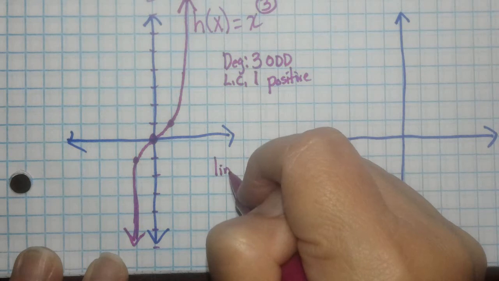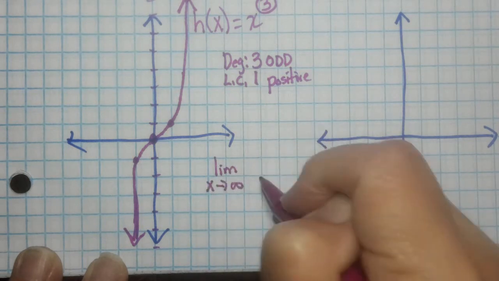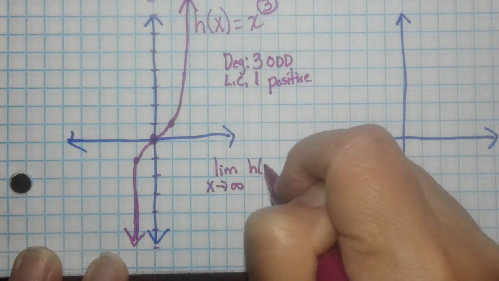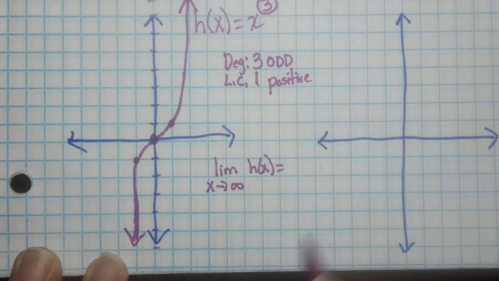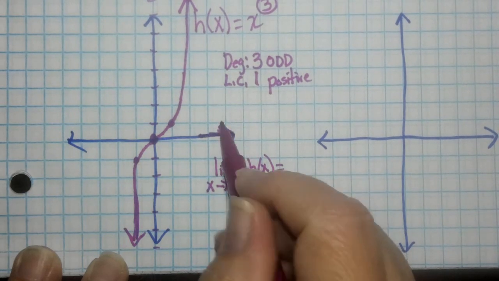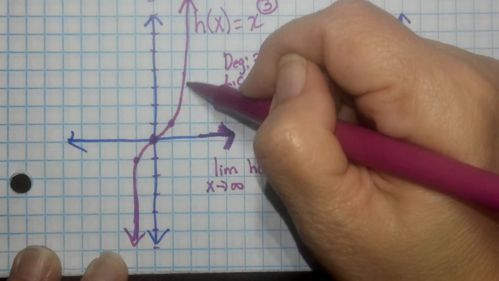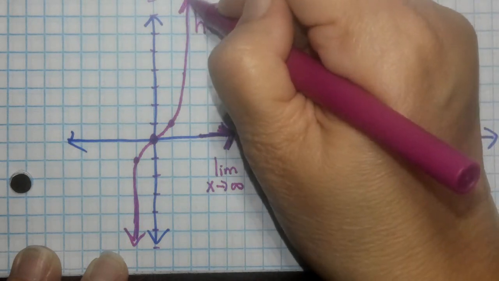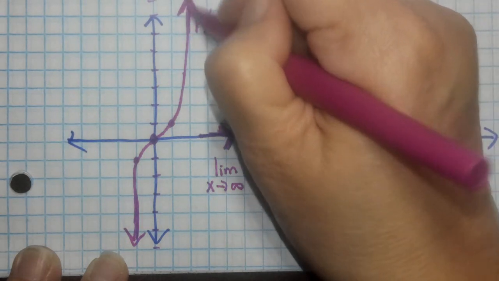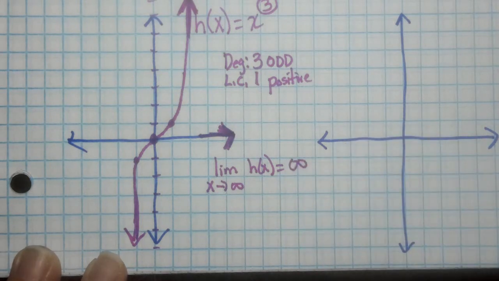So the limit as x approaches infinity of h of x. Again, that means as x goes out this way towards infinity, as x gets bigger and bigger and bigger, my h of x values, the outputs of my function, are going towards infinity.